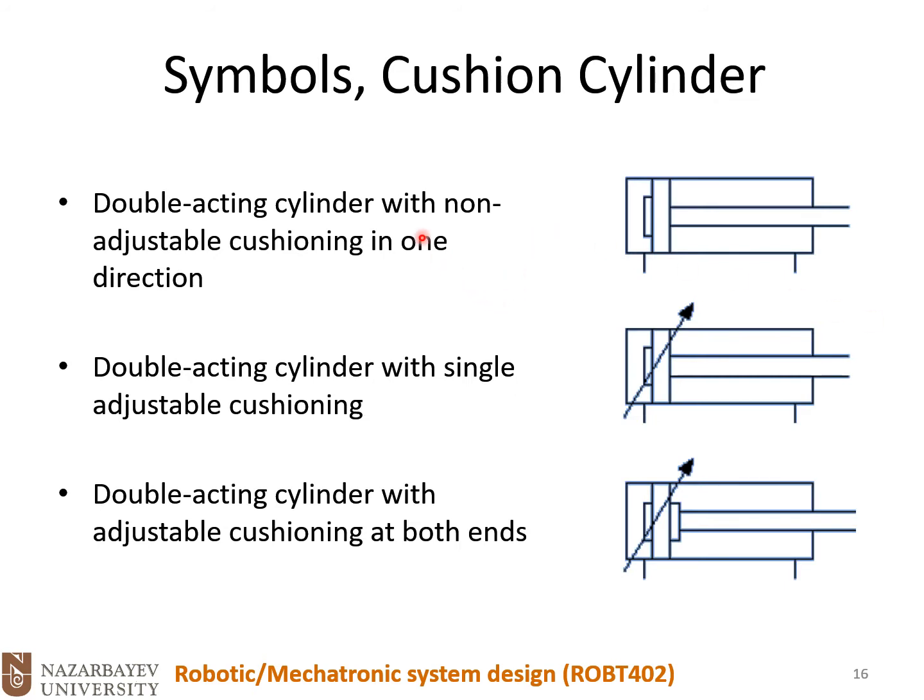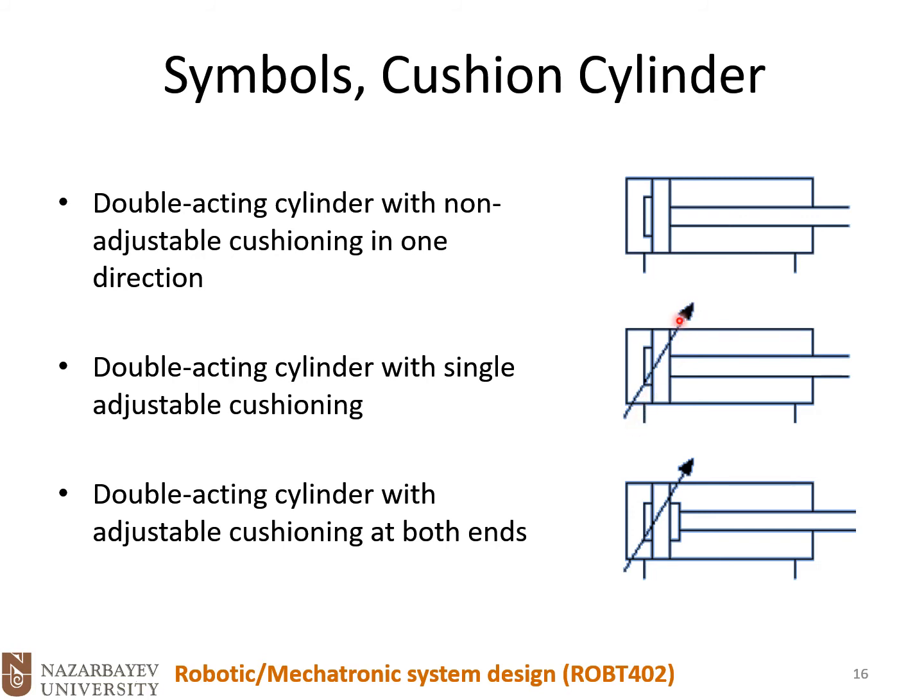So, symbols of cushioning cylinders. Here we could see a double acting cylinder. Why? Because we have two ports. Plus here you could see the cushioning, but we have cushioning on one side only. On this end we have cushioning, but not on this end because we don't have this rod or bulge on the piston. On this one, the same type as the previous one, but it is adjustable.